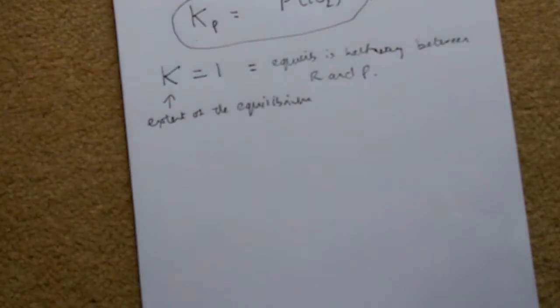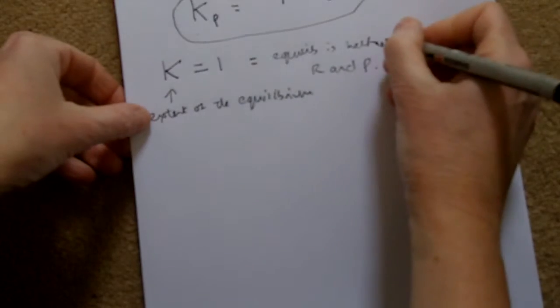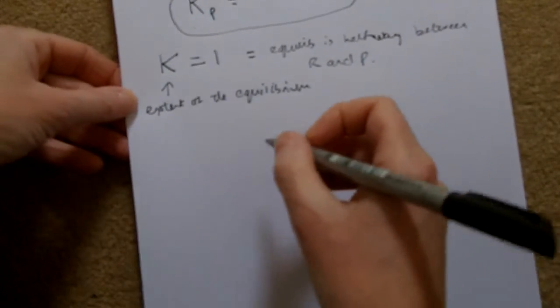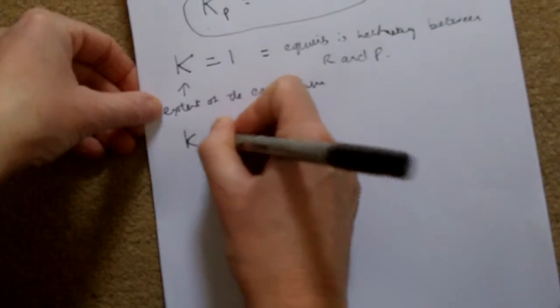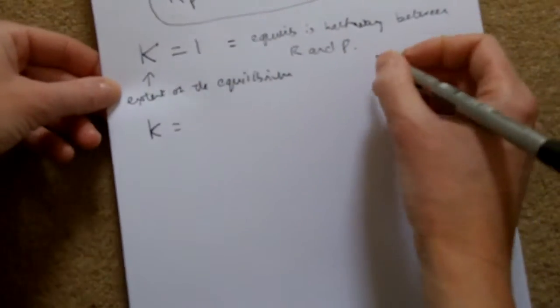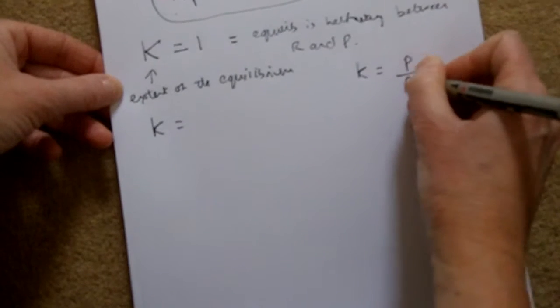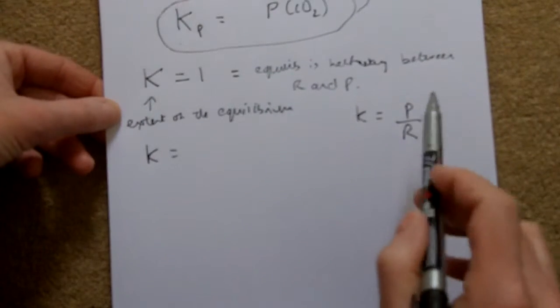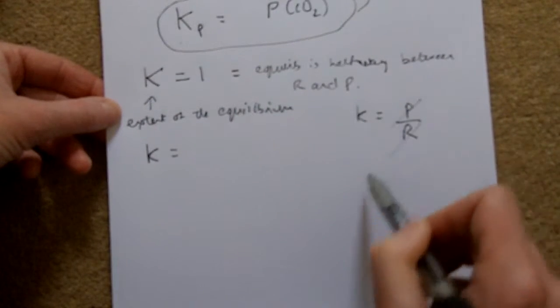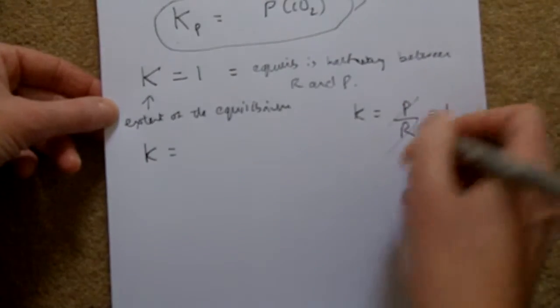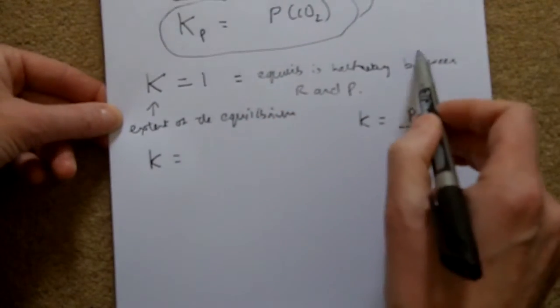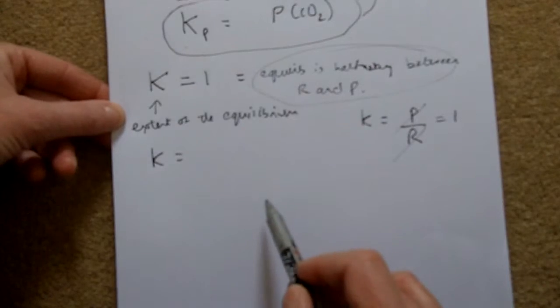That makes sense, because K is basically products over reactants, and if they're the same as each other, that gives you 1. So if K is 1, the equilibrium is halfway between the reactants and the products.